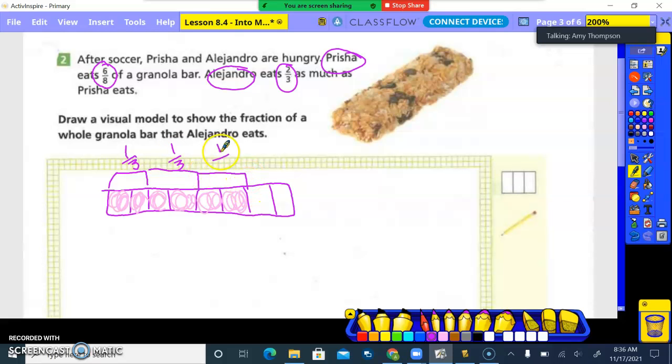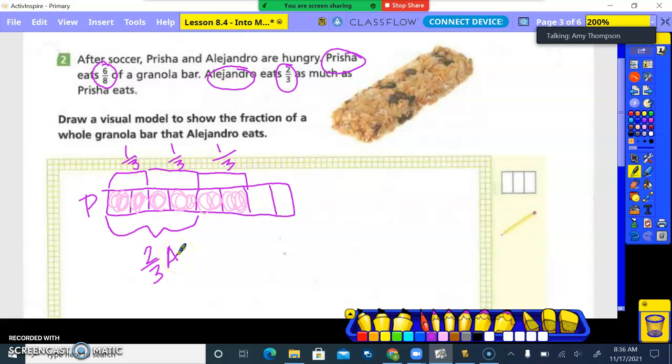Is that correct? Okay, so each of those 2/6 is also equivalent to 1/3. So we need to take 2 of those 1/3 pieces, right? And that equals who? This was Prisha. This is Alejandro, right? Okay.